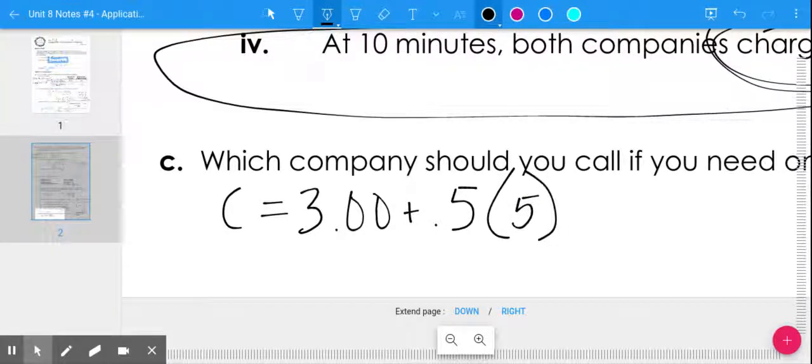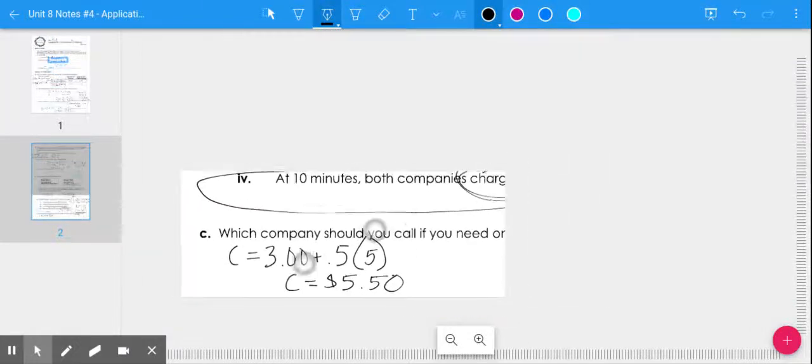So now we just have to simplify. 0.5 times 5 is going to give me 2.5, plus 3 gives me a total cost of $5.50.